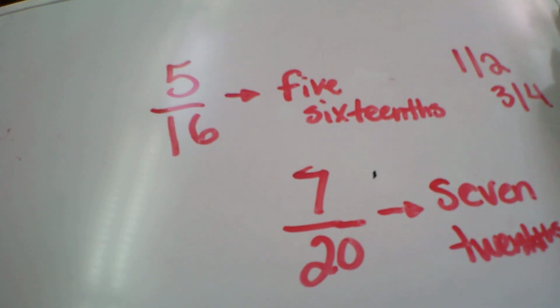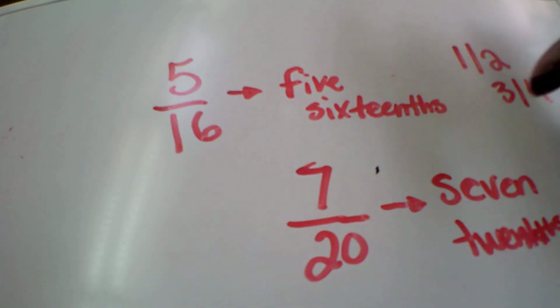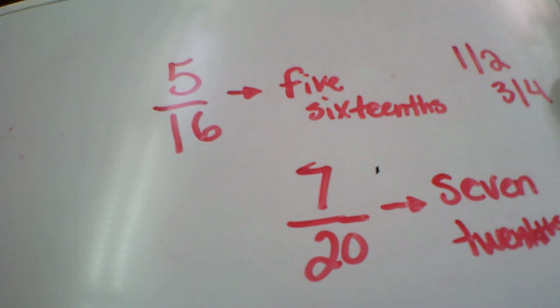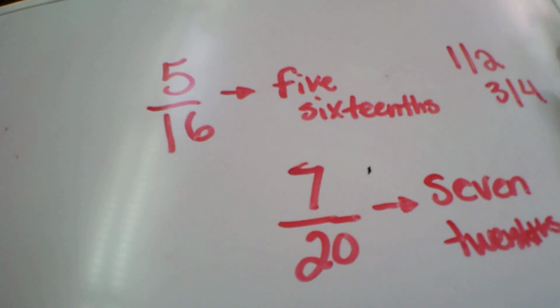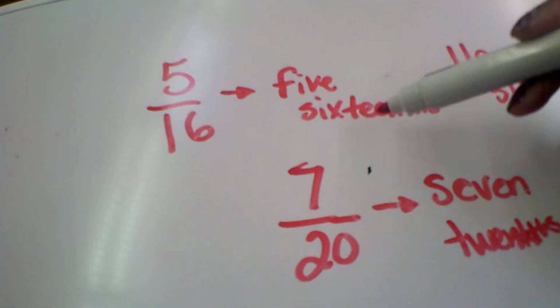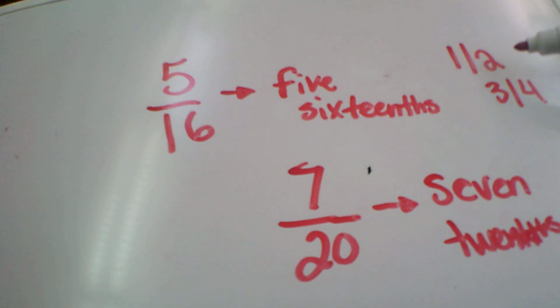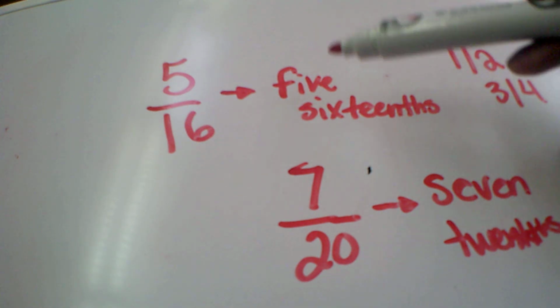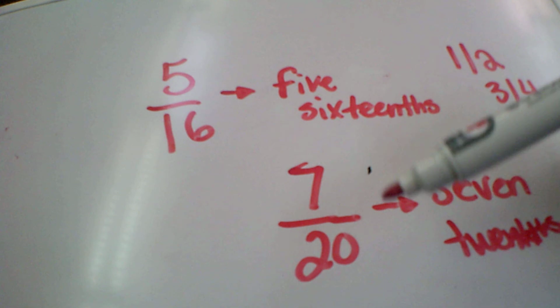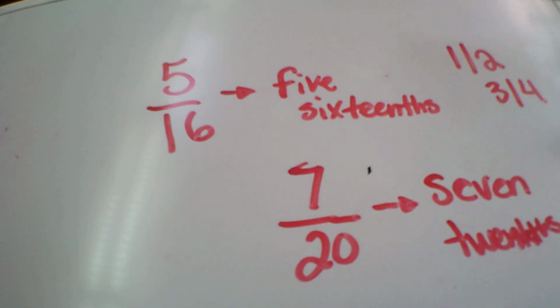But I notice a lot of times when it comes to word problems, if they're written differently and they're using these bigger fractions, sometimes kids get lost and confused because they don't remember how to pronounce fractions outside of a number over a number. So just keep that in mind when I'm doing my videos and I say 5 over 16, 7 over 20. I'm pronouncing it that way in the video, but there are other ways that you will see fractions pronounced.